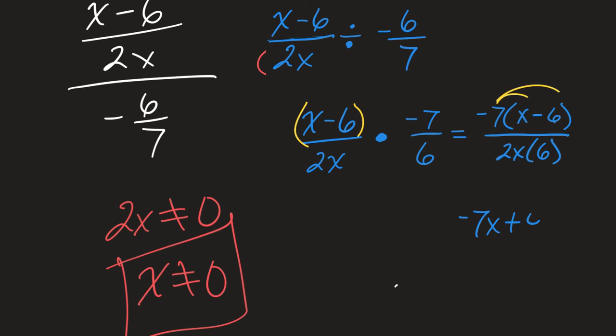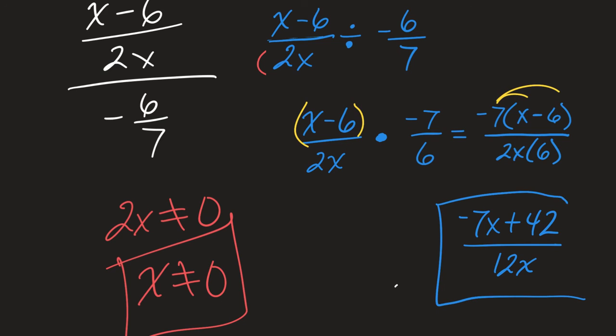We end up with this over 12x. So just be prepared for the fractions written in fraction form. This is essentially a fraction divided by a fraction.